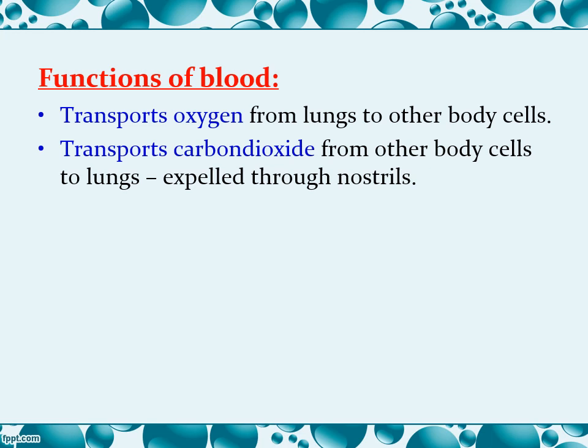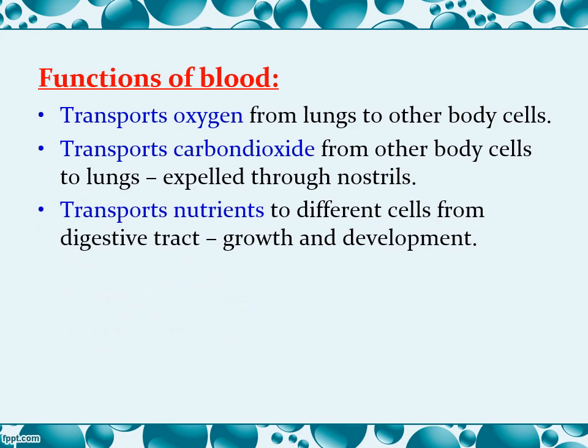The third function of the blood is that it transports nutrients to the different cells from the digestive tract. You have learnt about the digestive system in detail. What happens in the digestive system? In the digestive system, when the food particles reach the stomach area and the small intestine, the food particles are broken down into smaller particles.